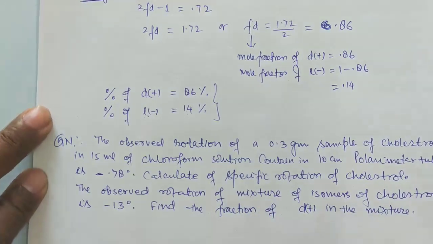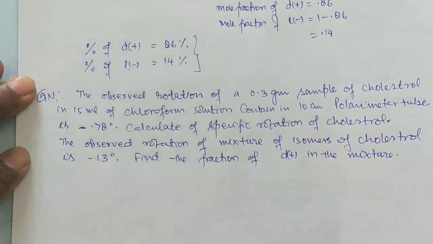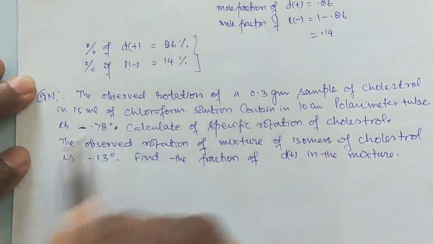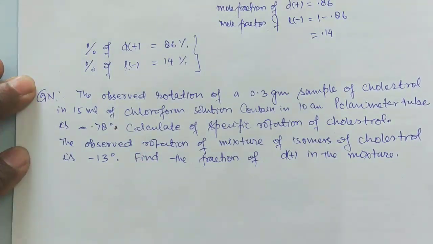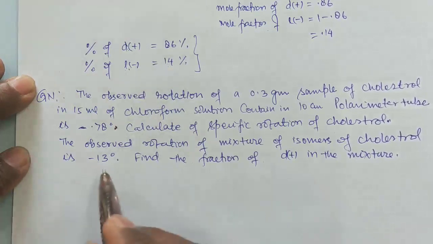So what is asked in this question? This question has two parts. In the first part, you have to calculate the specific rotation for the pure cholesterol sample, and then in the second part, a mixture is given.